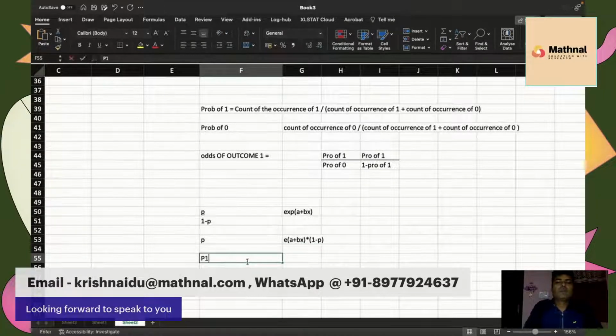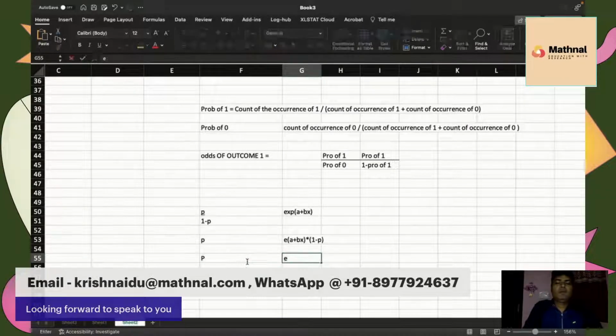We'll keep p over here the same. Here it will become e to the power a plus bx minus p into e to the power a plus bx.